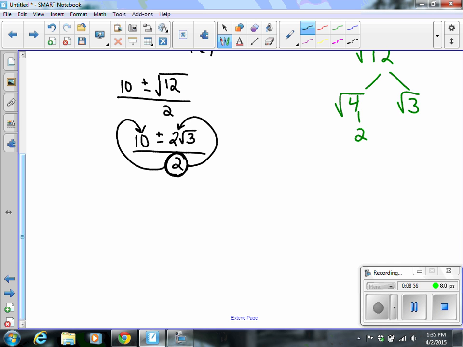But in our case, it goes into the 10 and the 2. It only has to go into the number in front of the square root. You don't have to worry about it going into the square root 3. So I'm going to reduce it like my fractions. So I have 10 over 2 equals 5 plus or minus 1 square root 3. And that's my final answer.